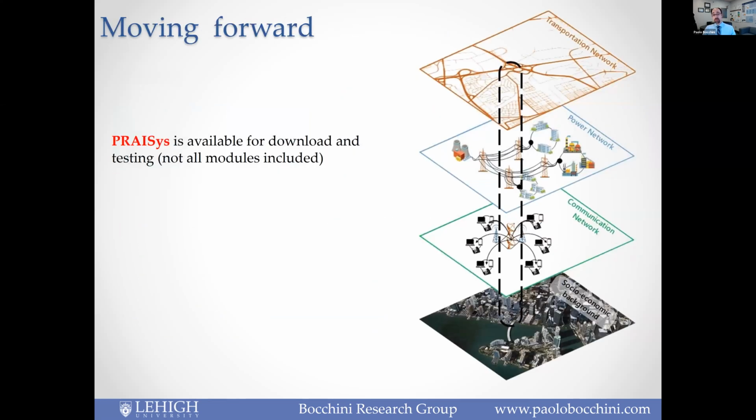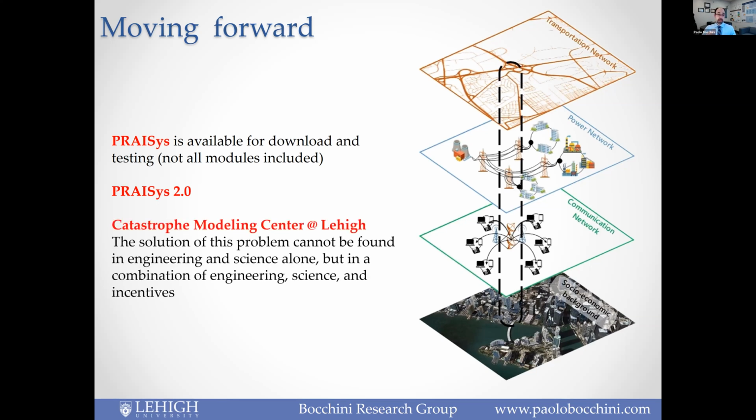Moving forward, PRAISys is available for download in a version that is still a sort of beta, but you can play with it. Not everything I showed is included, but there is something. We started thinking about PRAISys 2.0, which is a real complete rewrite based on what we learned from the first attempt. And most importantly, we are trying to establish a center. Maybe I should say we have established it, but we haven't gone public.